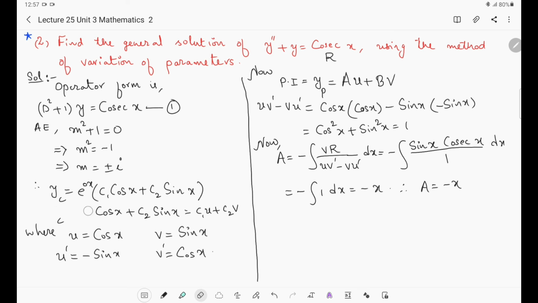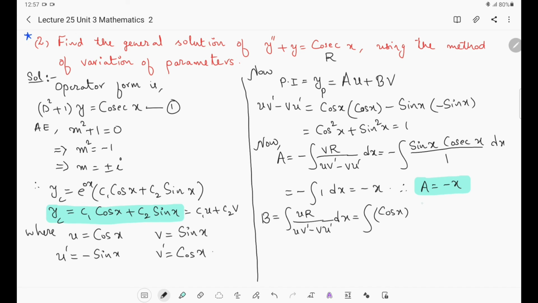This will be the complementary function, and A is this. Now we need B. B is given by integral of u r by u v dash minus v u dash into dx, which is equal to integral of u, which is cos x, times R, which is cosecant x, by u v dash minus v u dash, which is 1 again, into dx.